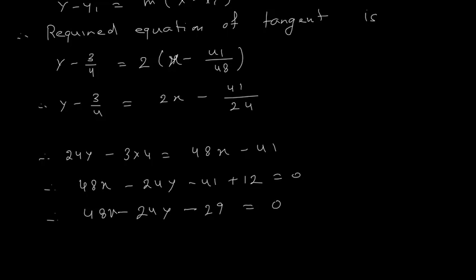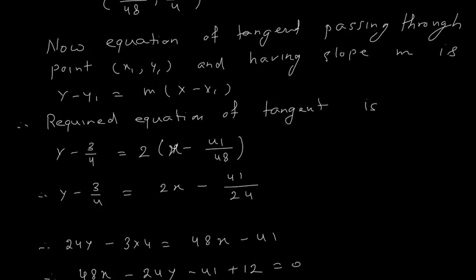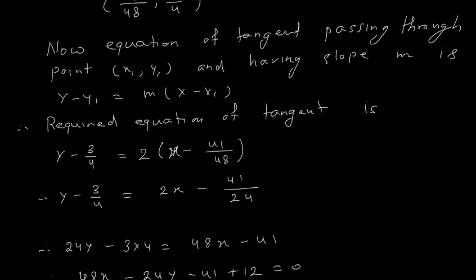Let us cross check if we have done any mistake anywhere. Always it is preferable that we cross check whatever we have done. So y minus 3 upon 4 is equal to 2 into x minus 41 upon 48.